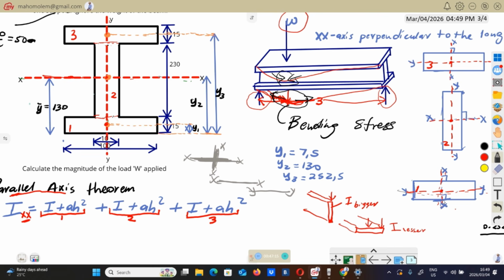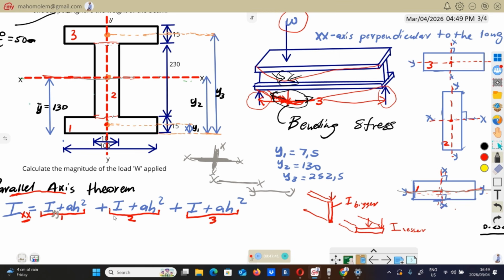So on this box number 1, rectangle number 1, the parallel axis between XX and YY is going to be YY. That's why I'm going to have Iyy, because this YY is parallel to this XX.